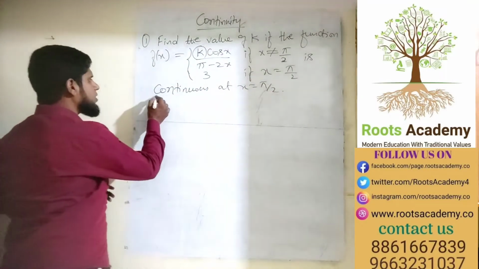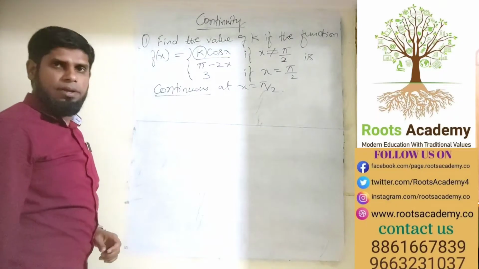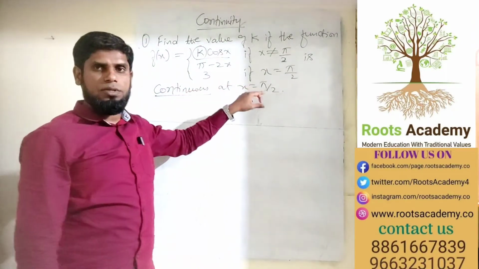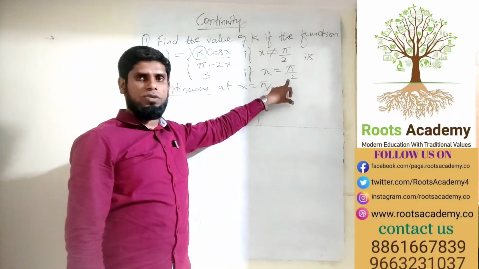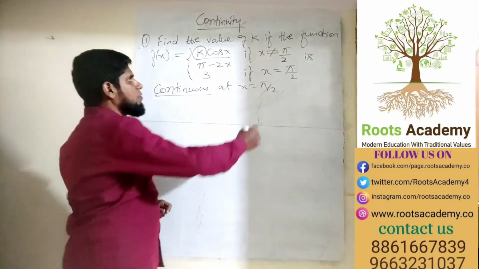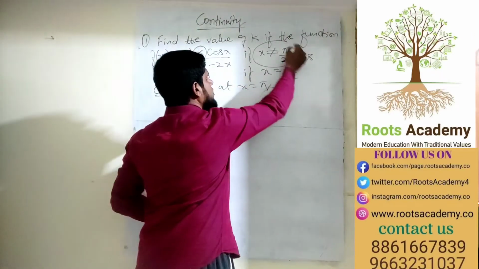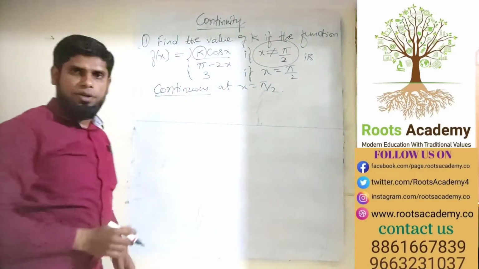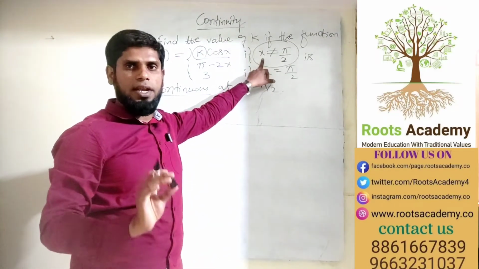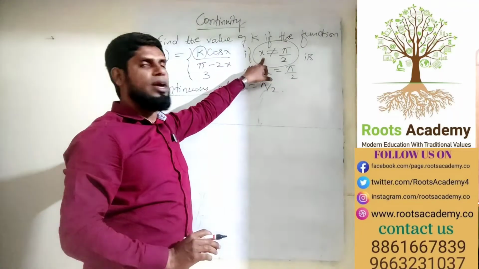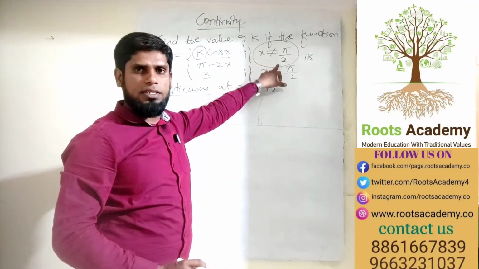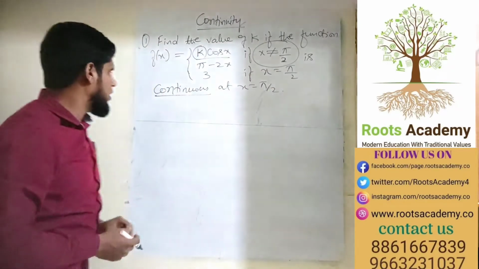Here he declared that it is a continuous function, which means its limit is equal to its value. So limit x tends to pi by 2 is equal to f of pi by 2. And one more condition: he said x is not equal to pi by 2, so we must take only a general limit. We cannot take left hand or right hand limit here because it is not less than or greater than. Simply we will take the limit.